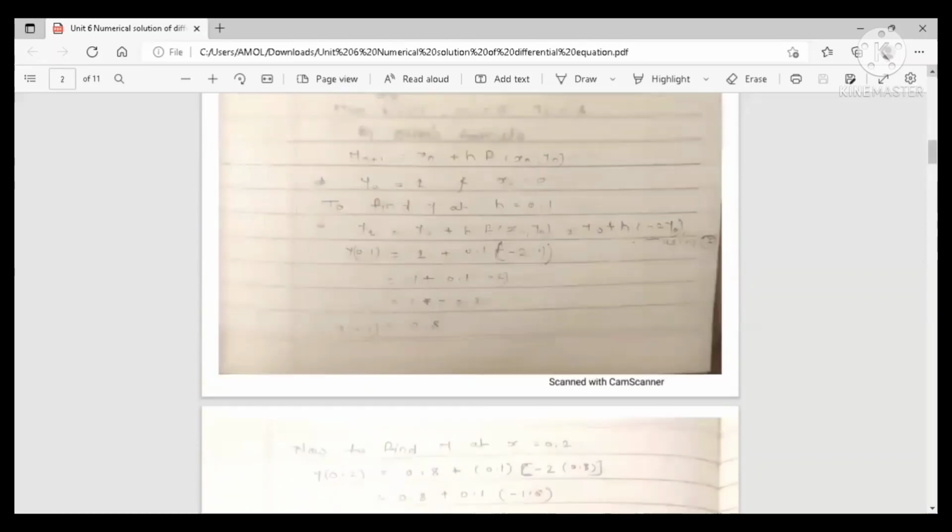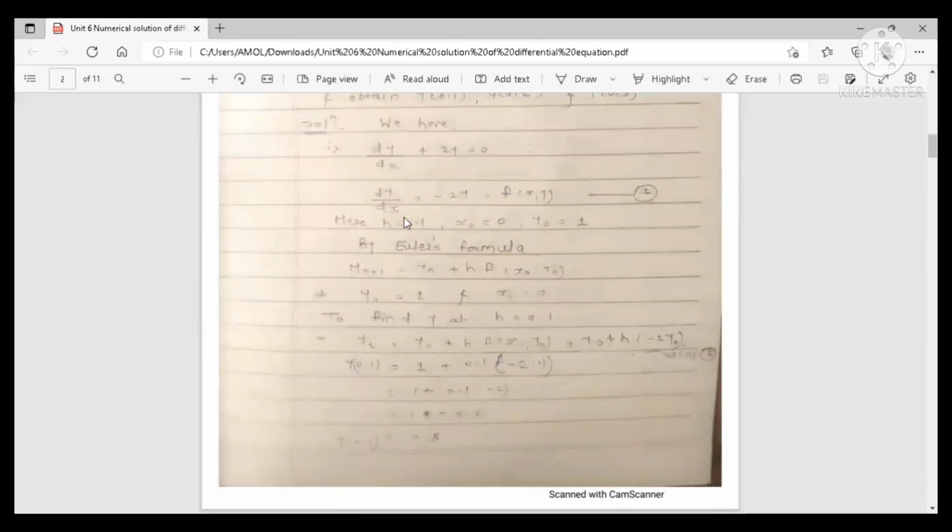So y of 0.2 is equal to y1 plus h into f of x1 y1. We are finding here y2. So y2 is equal to y1. Y1 is 0.8 plus h is 0.1 into f of x1 y1. Here f of x y is minus 2y.